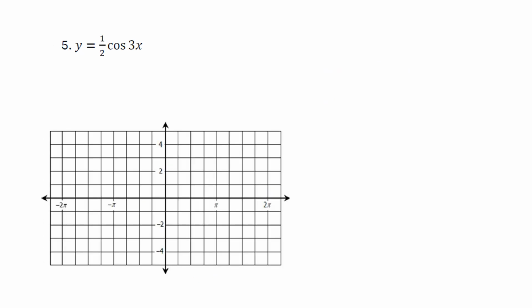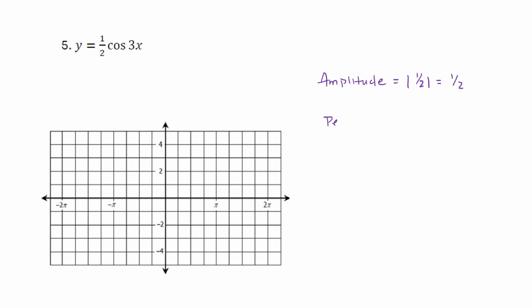All right, number 5. y equals 1/2 cosine 3x. So now we have a changed amplitude and period. So the amplitude equals the absolute value of 1/2, which equals 1/2.